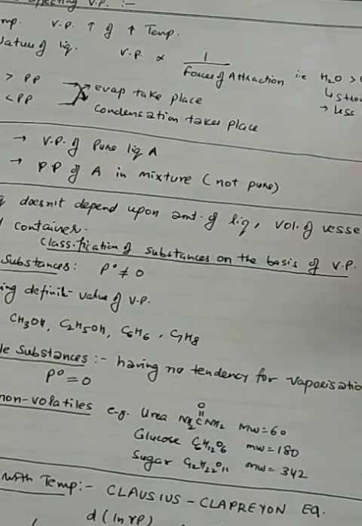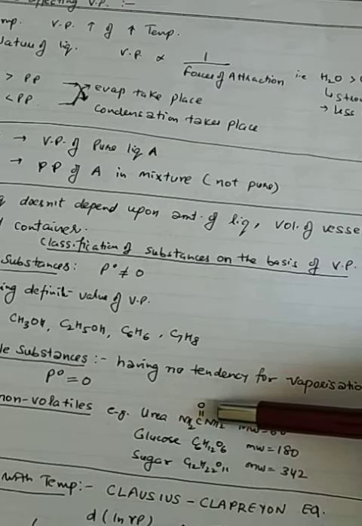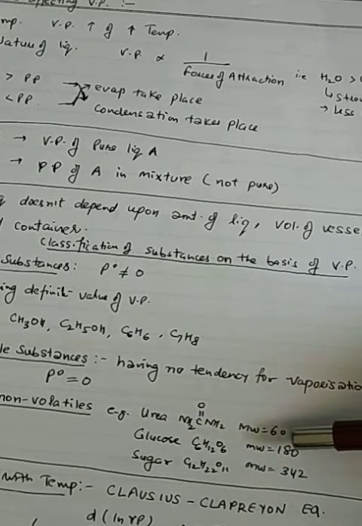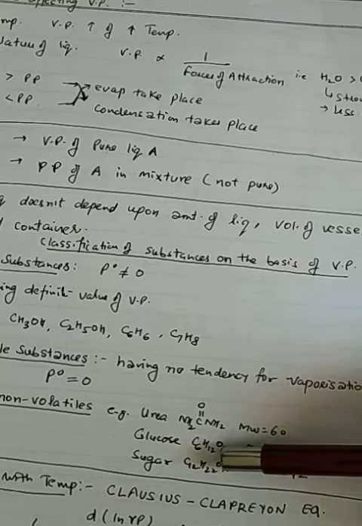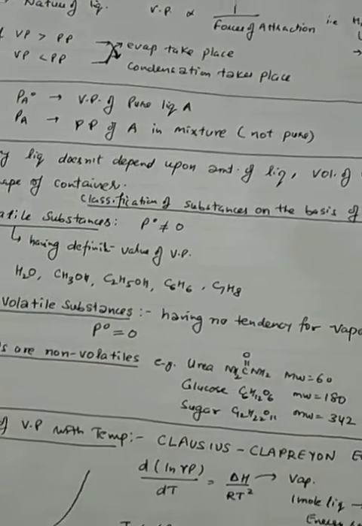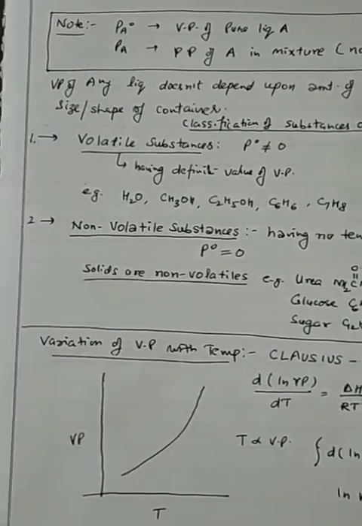These are the solids which are non-volatile. Urea molecular weight is 60, glucose molecular weight is 180, and sugar molecular weight is 342. So generally keep these values in mind for the numerical problems.